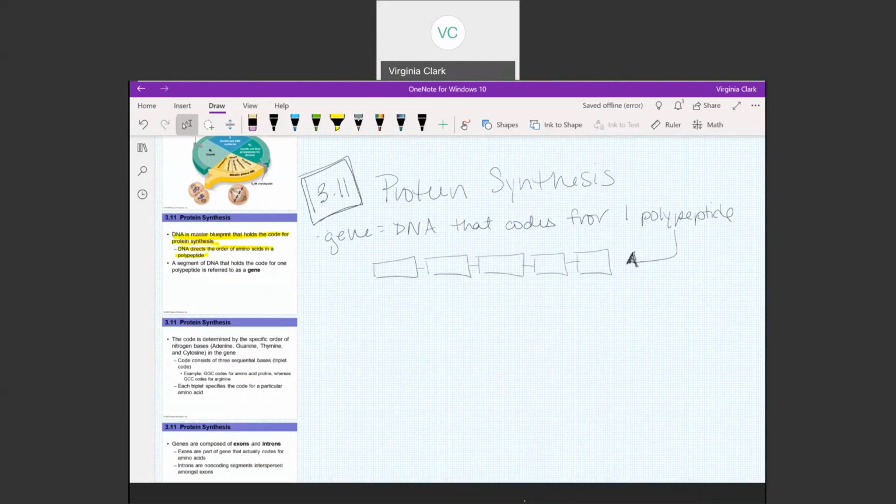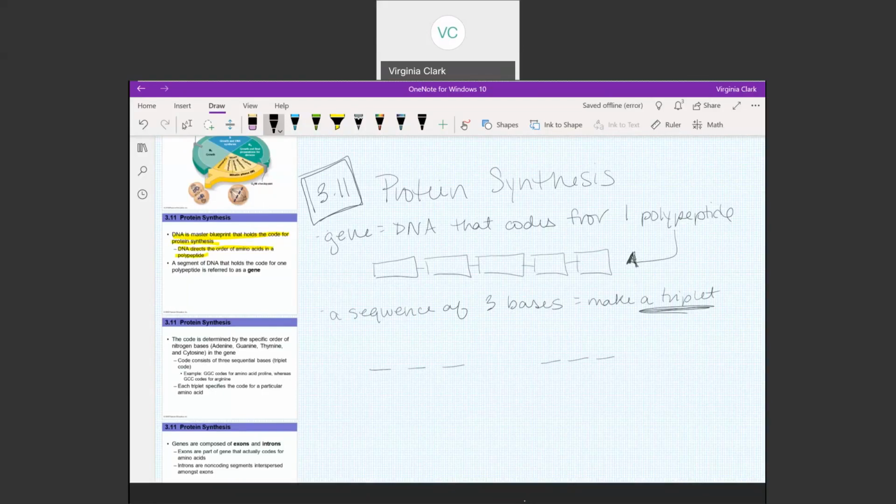With this gene, it is going to be a sequence of 3 bases, and these are going to make a triplet. So when you have a triplet, you're going to have 3 bases. So it's going to be 1, 2, 3, 1, 2, 3, 1, 2, 3.